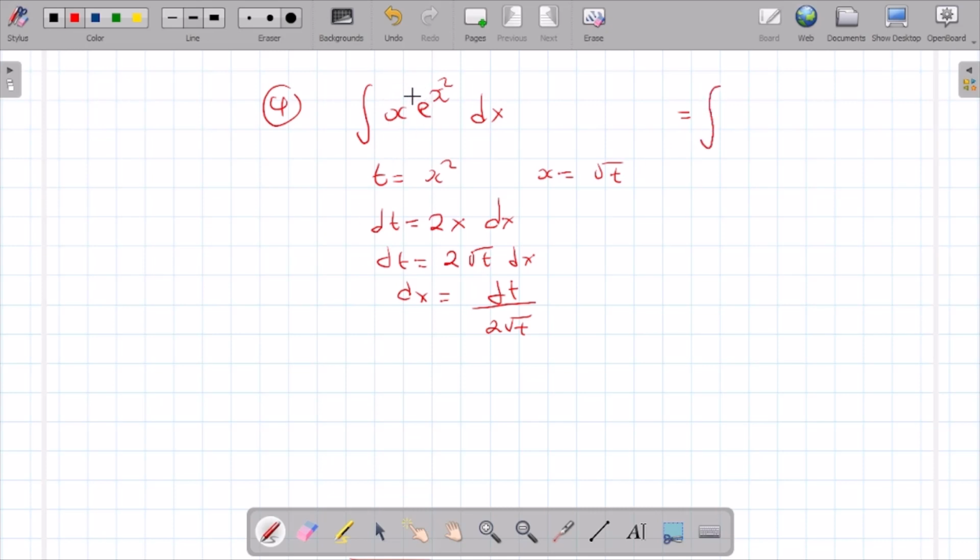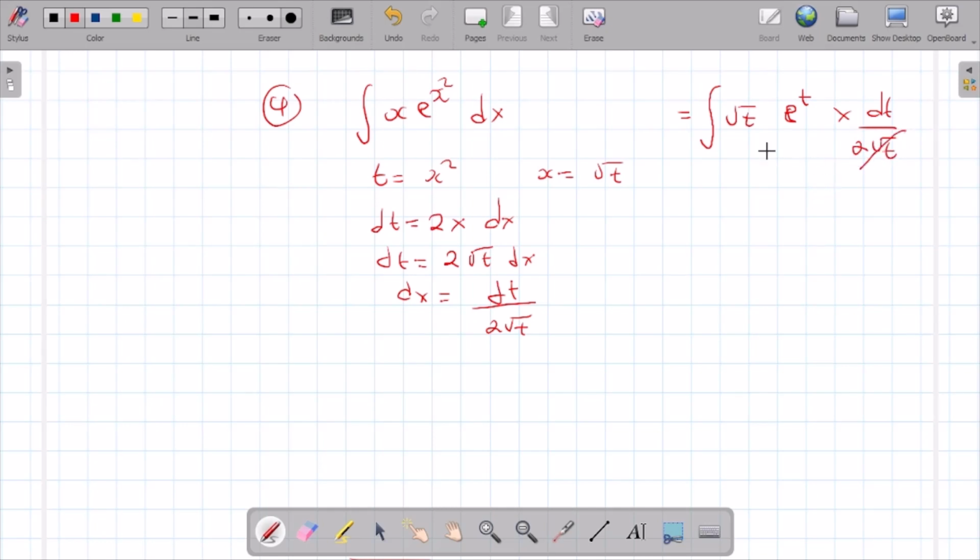This x that we have here is root of t, so I'm going to put the square root of t. Now x squared is t, so I'm going to put t here. What is our dx? Our dx is dt divided by 2 multiplied by the square root of t.